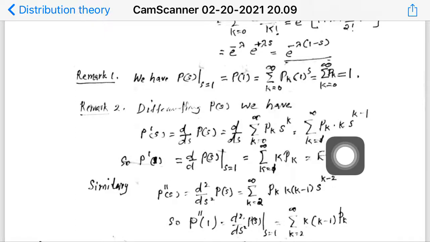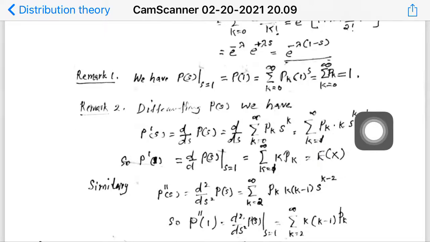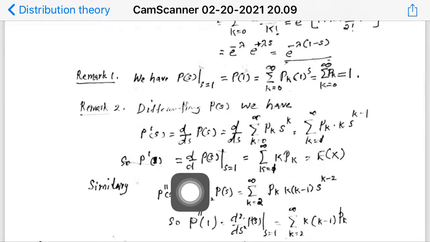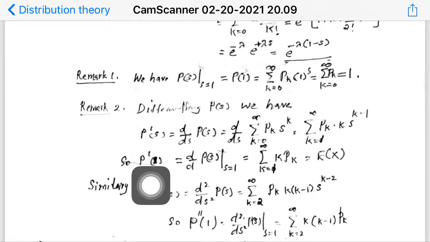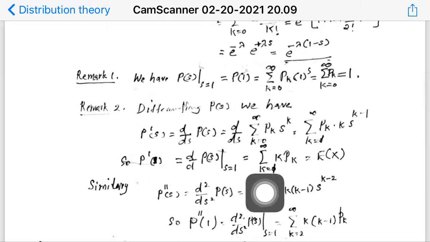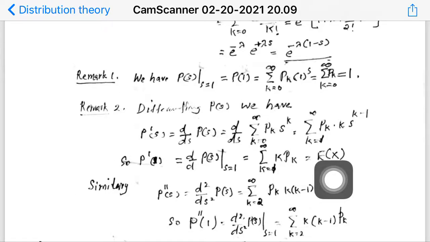On differentiation, you will see that it is summation k equal to 1 to infinity p_k k into s to the power of k minus 1. And you evaluate this at s equal to 1, you will get d by ds of P of s at s equal to 1, which is P prime of 1, that is equal to summation k equal to 1 to infinity k into p_k, or summation k equal to 0 to infinity k into p_k, which is equal to the expectation of X.